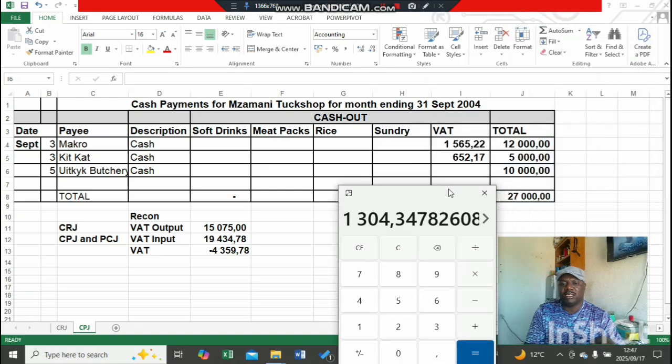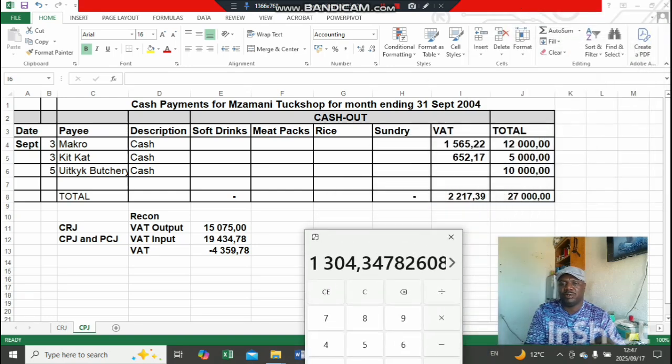That is the VAT fraction that we use. Now, 1,304.35 if you round up.